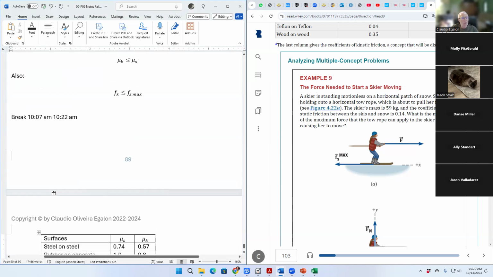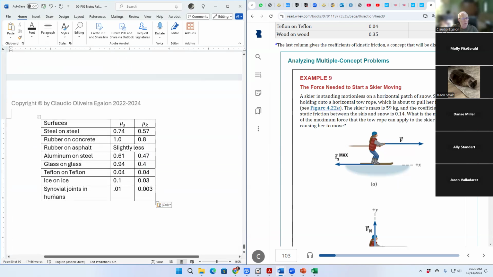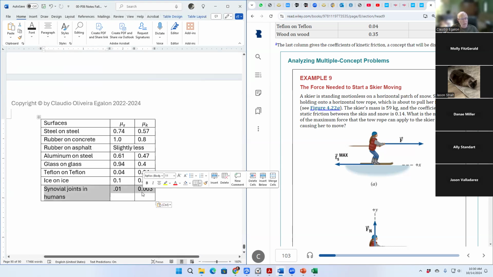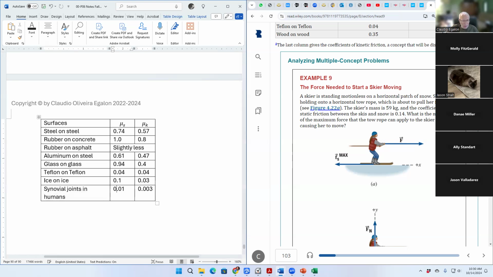Table of coefficient of static and kinetic friction. Rubber on concrete, steel on steel, so on. Synovial joint in humans. Those synovial joints are in the knee of humans, right? Look at the coefficient of static friction. It's amazing, right? It's much lower than that of Teflon on Teflon. 75% lower.